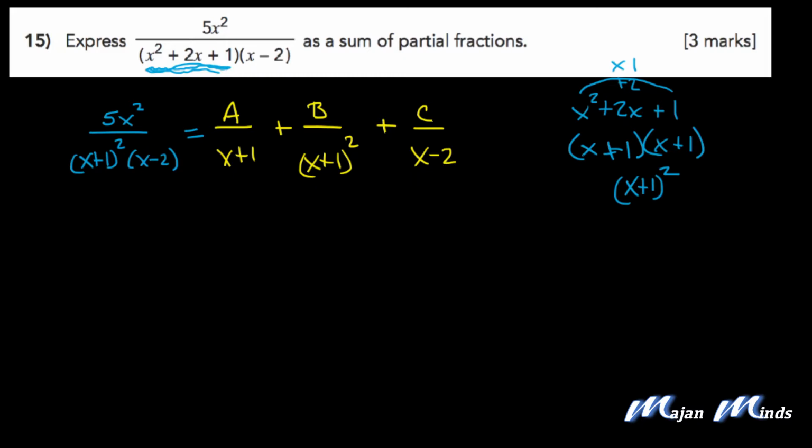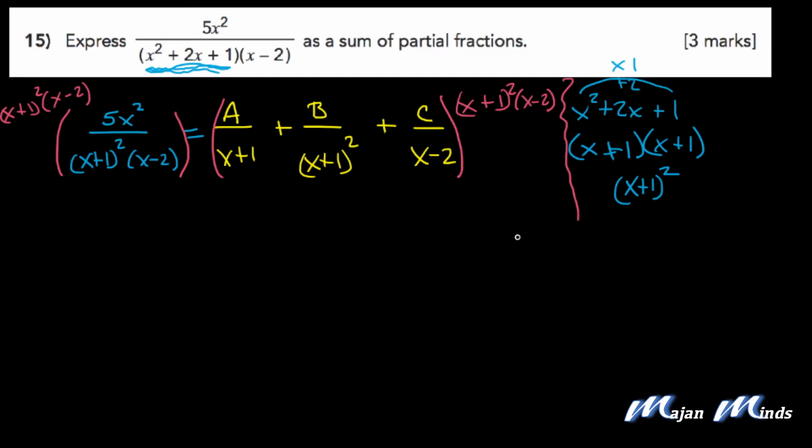Now from here we follow the procedure we've been doing in all the other videos. We multiply both sides by our denominator, which is (x plus 1) squared and (x minus 2). Let's not get that confused with this.